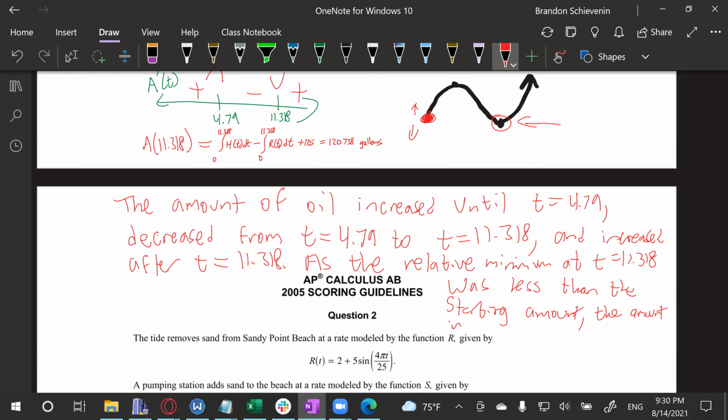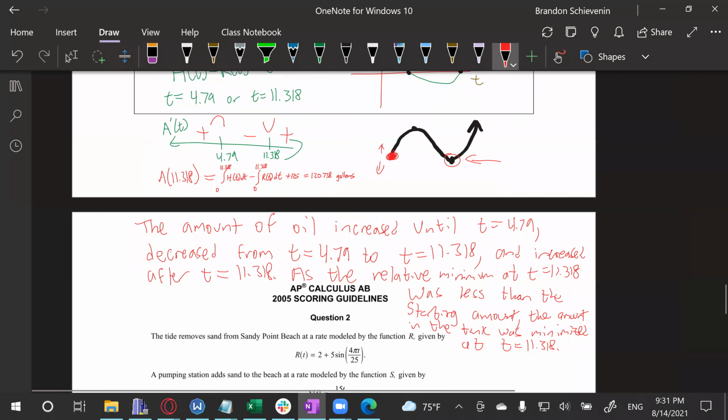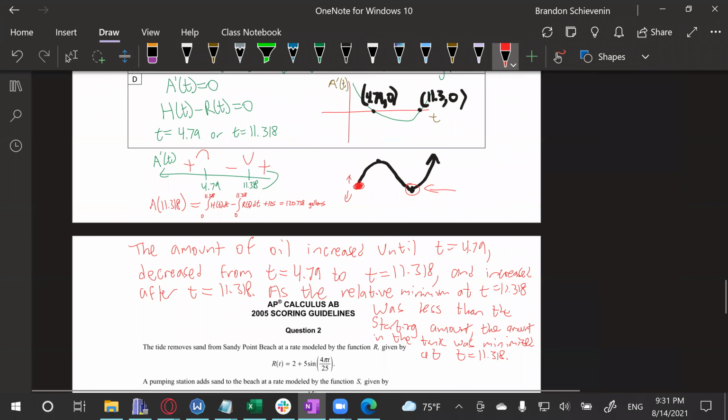The amount in the tank was minimized at that time. That's probably more wordy than we needed, but that should give us credit for sure. Any questions on what we did for this last one, proving the minimum amount in the tank?